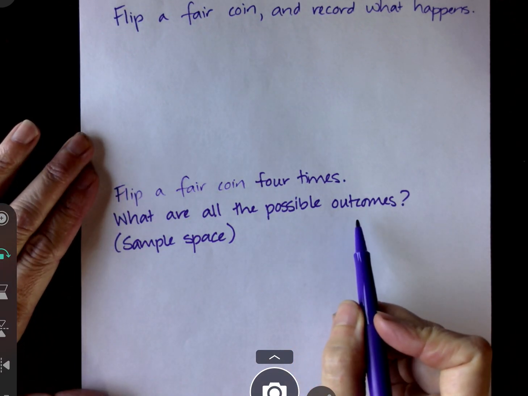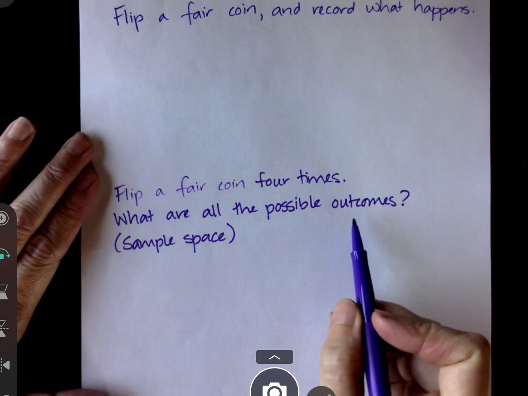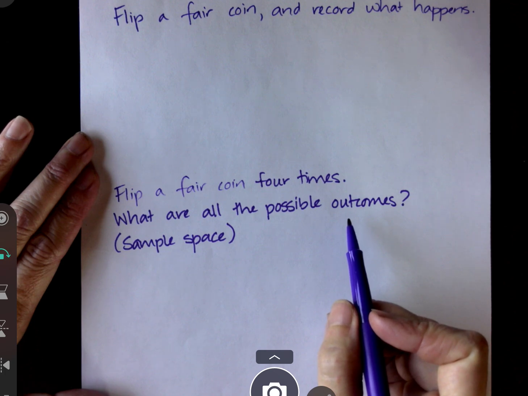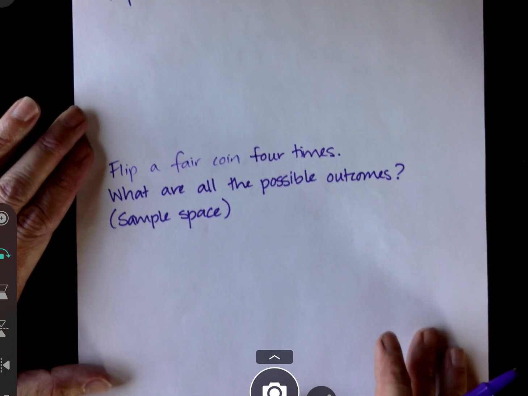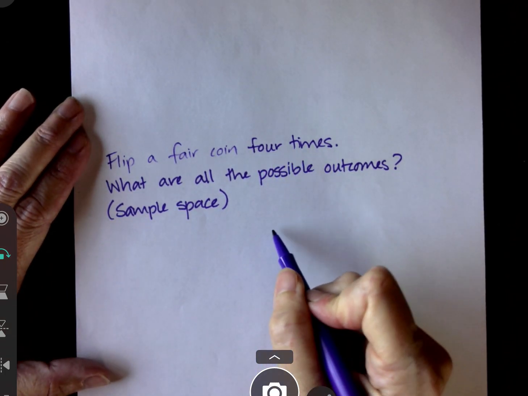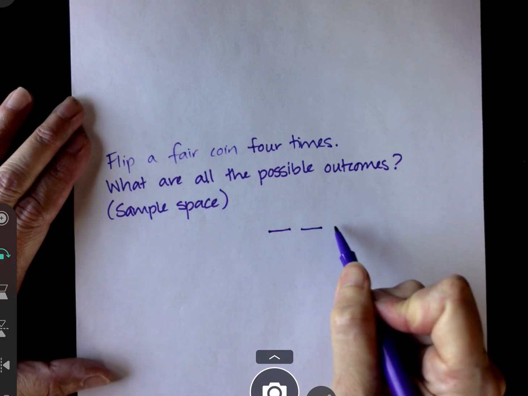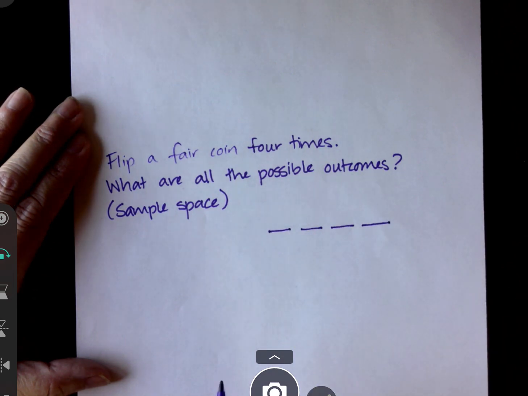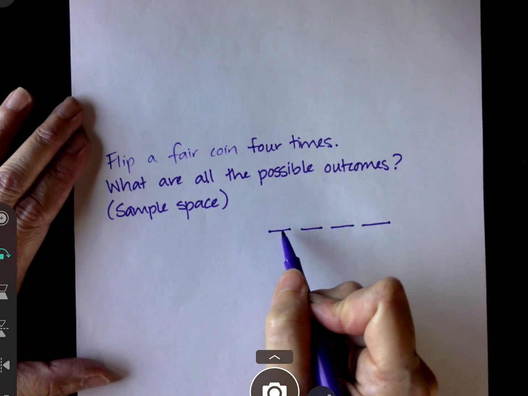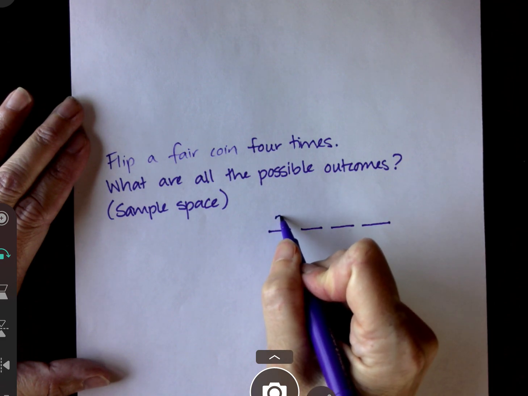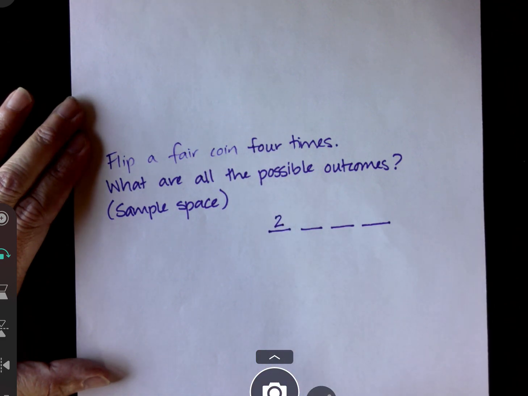Before I make this list, I would like to know how many things should be in my list, how many outcomes. So if we toss a coin 4 times, I can draw slots for the 4 tosses. The first toss could either be heads or tails, so there are 2 options for that toss.